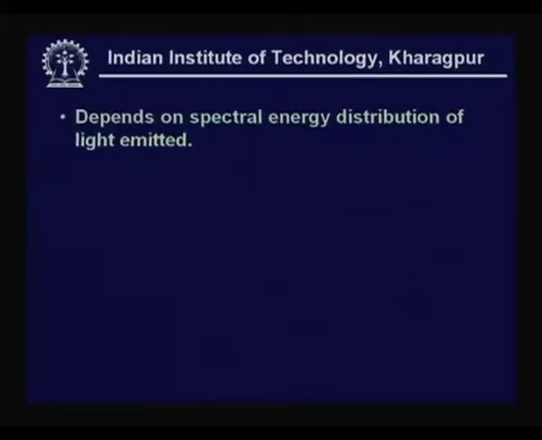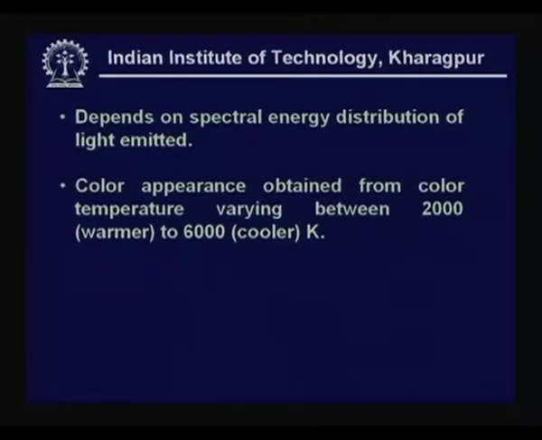Now, this very much depends on the spectral energy distribution of the light that is emitted. The color appearance is obtained from color temperatures varying between 2000 and 6000, where 2000 corresponds to a warm color and 6000 corresponds to a cooler color, in degrees Kelvin.